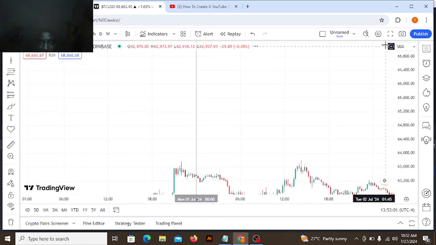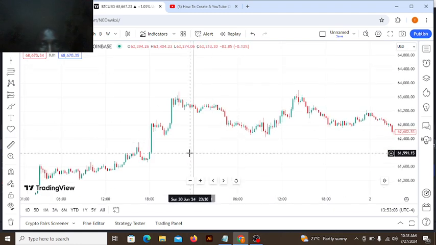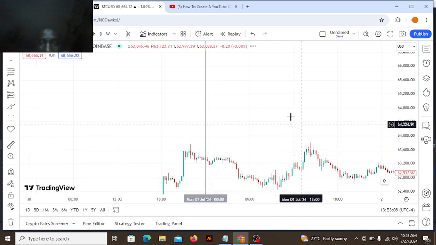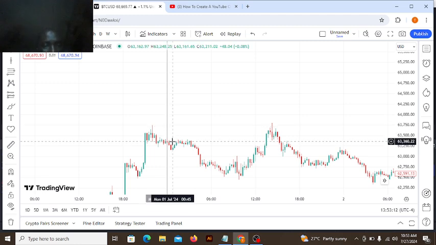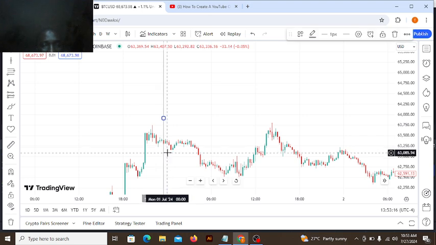Fine, this is where we drew our vertical line, and we drew it on the 1st of July, which is here. This is the candle that appeared on the 1st of July.